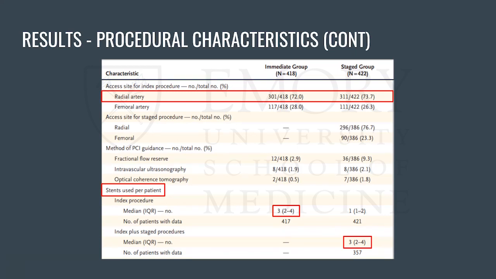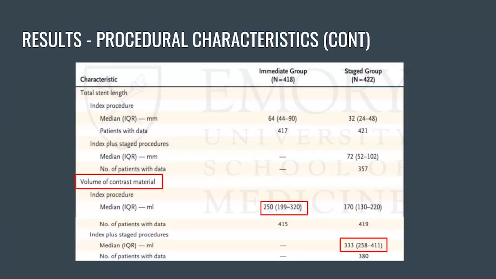But collectively, FFR, IVUS, and OCT weren't used as often. The number of stents for each patient was essentially equivalent in the immediate and staged groups at 3. Total stent length was fairly similar across the board too.